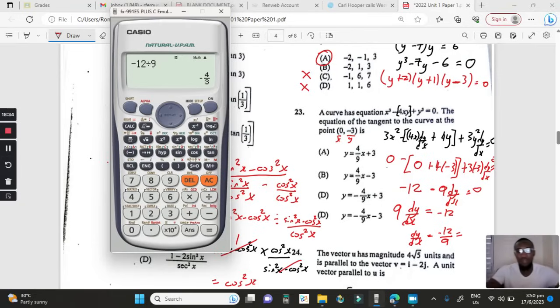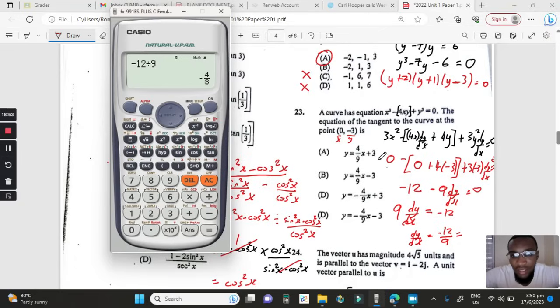So I probably made a mistake somewhere, because none of these are 4 over 3. So keep the first, differentiate the second, plus keep the second, y, differentiate the first, 4. I inputted 4 and -3, that's -12.